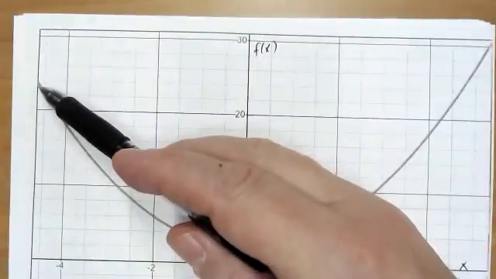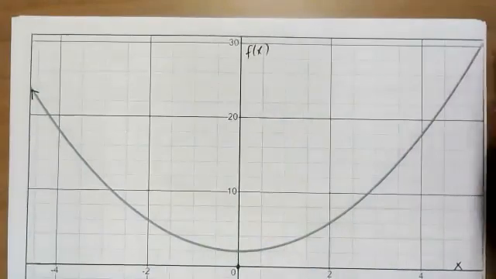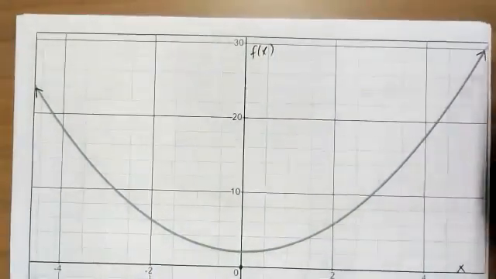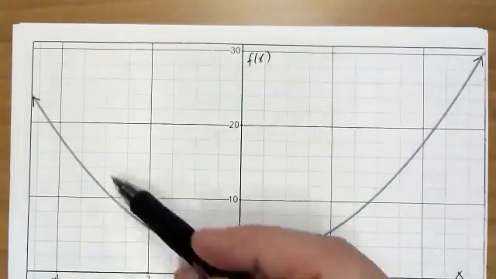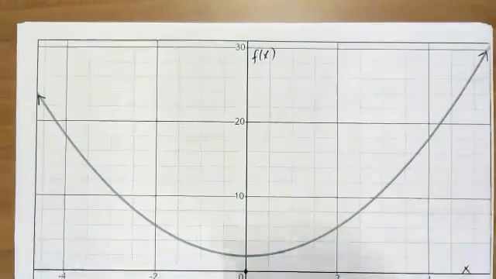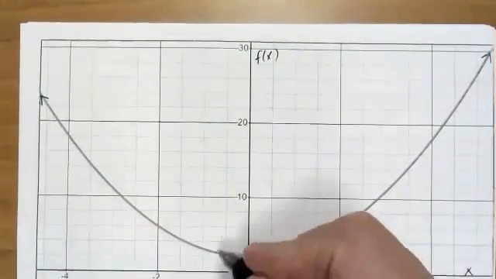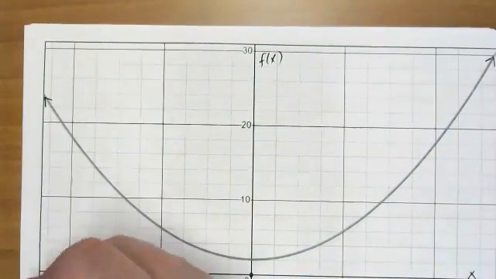But once again, since these come to the edge of the paper, I know that they actually keep on going the same direction. So it's just going to get wider and wider. This is going to go farther to the left, this will go farther to the right. So you say, well, what's the smallest value of this function as I move to the left?